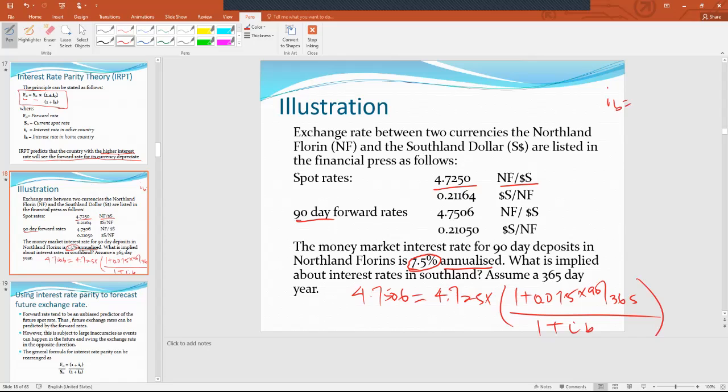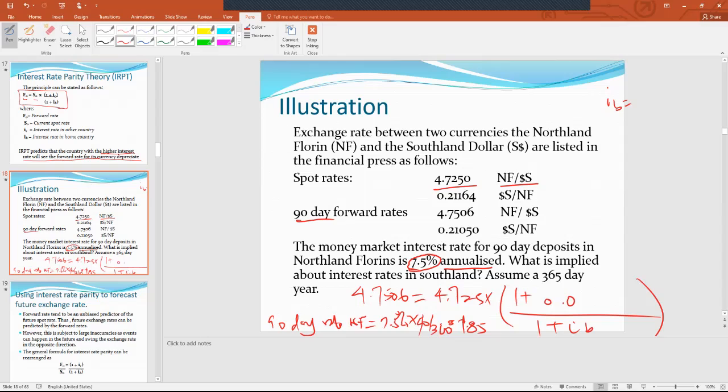Let's just convert this so that we don't have a lot of work here. We convert from the annual to the 90-day rate. So the 90-day rate for NF is 7.5% times 90 out of 360. And you get how much? 1.85.